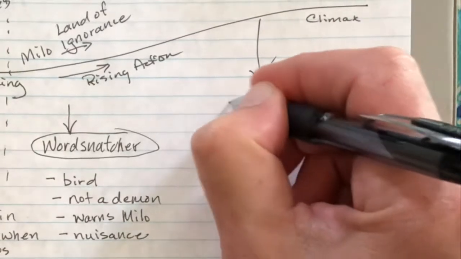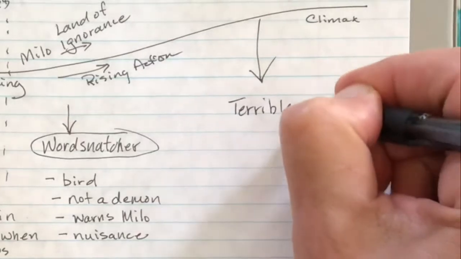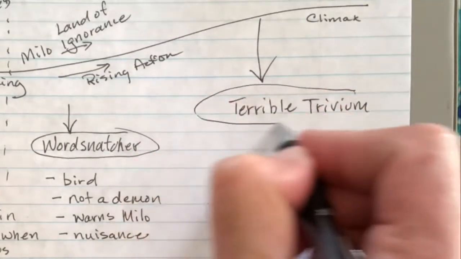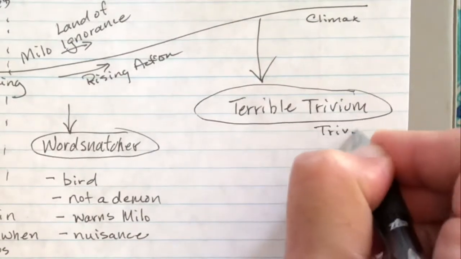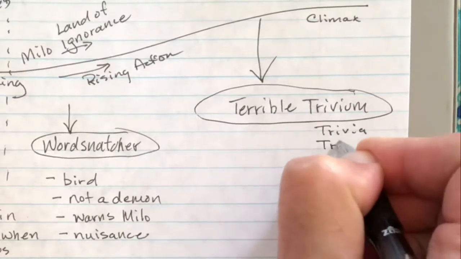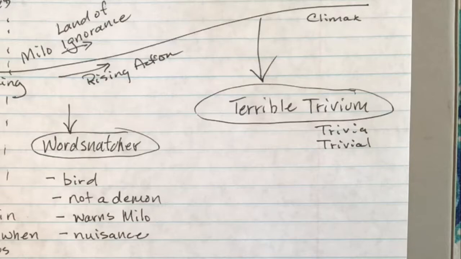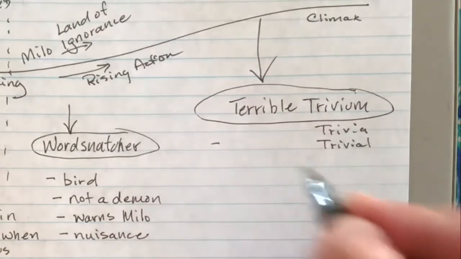We have the terrible Trivium up first. And what do we know about this word trivium? It sounds like trivia, trivial, and these are things that are small and unimportant. And what does he do? What is it that he does to try and trap them?